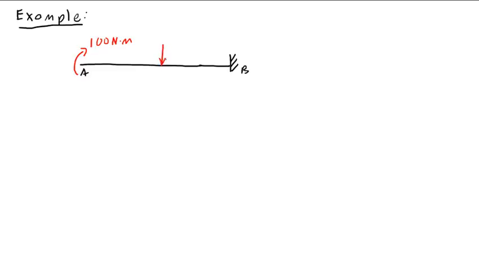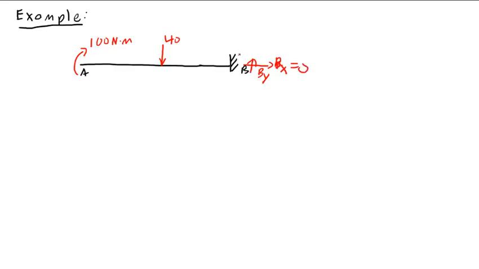Then we have a 40 Newton point load here. And then our forces are going to be, let's say, By, let's say Bx, which will be 0, like it usually is, because we're boring people.